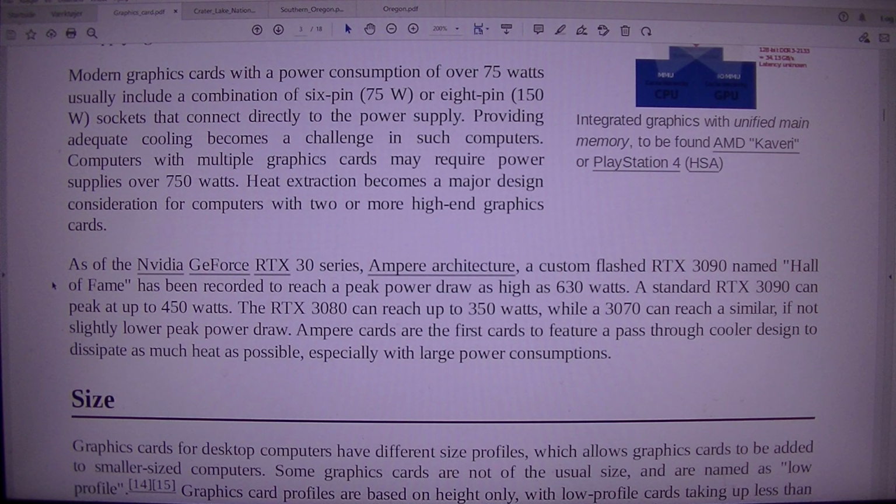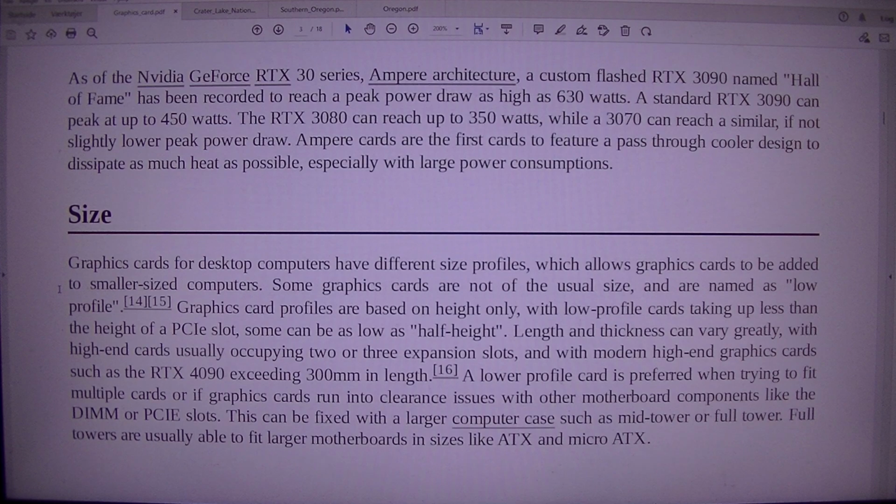The RTX 3080 can reach up to 350 watts, while a 3070 can reach a similar, if not slightly lower, peak power draw. Ampere cards are the first cards to feature a pass-through cooler design to dissipate as much heat as possible, especially with large power consumptions.